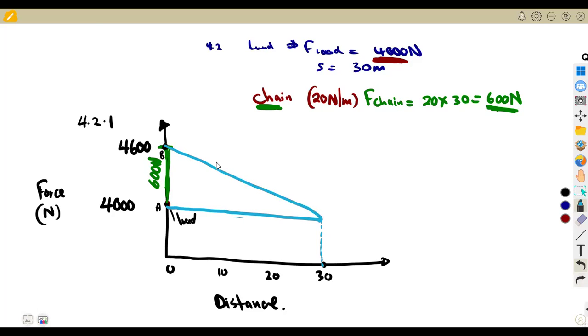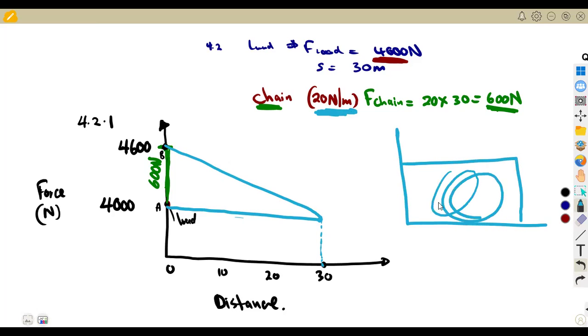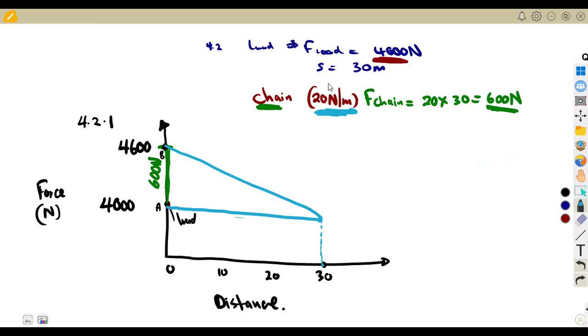All right. That's how you draw your force-distance graph, provided that there is a force per meter. That is how your diagram is going to be. If it is projected vertically up like this, it's going to be a rectangle. But this one has a force per meter, meaning the force is changing per unit length.